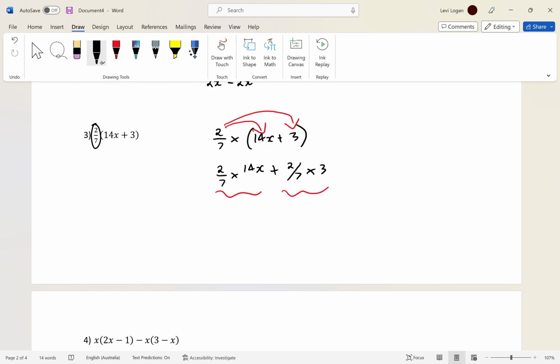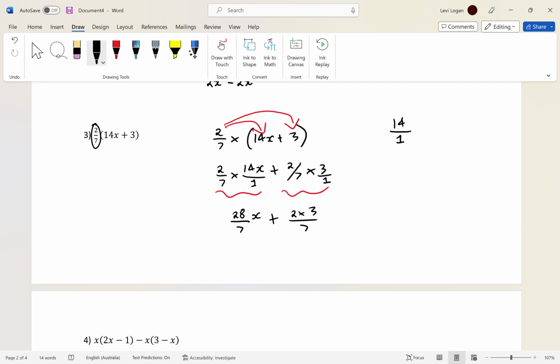The way we do our fractions is, if you have any number, like 14, that's the same as 14 over 1. So you can change the 14 to 14 over 1, and you multiply the top of the fraction with the top and the bottom with the bottom. You can do the same with the 3, which is just 3 divided by 1. So you multiply the 2 and the 3, and the 7 and the 1. I'll get rid of those circles there so you can see. We're left with 14 times 2 is 28, and 7 times 1 is 7, and we have the x still here, plus 2 times 3 divided by 7.